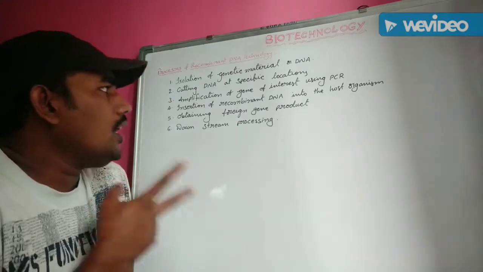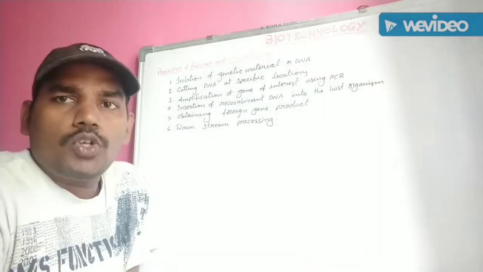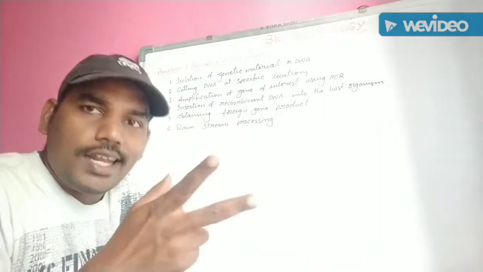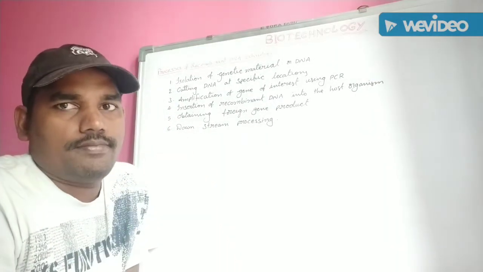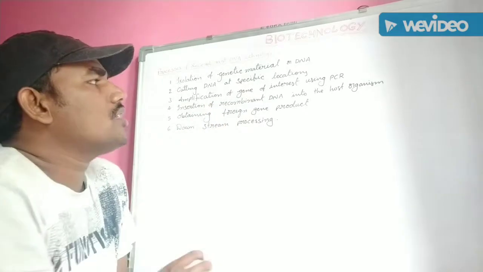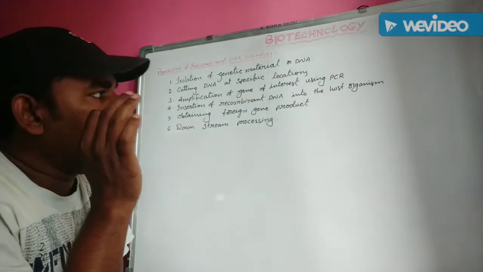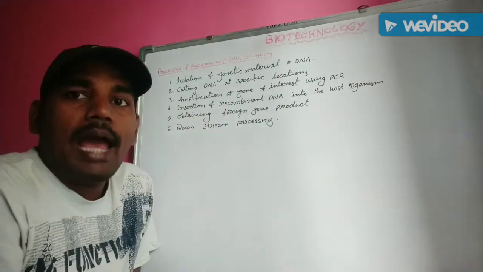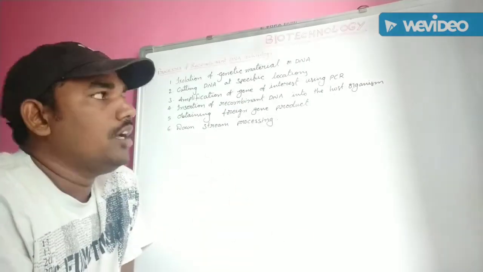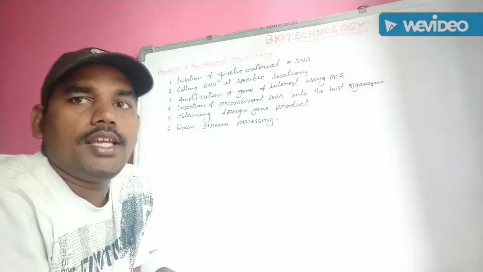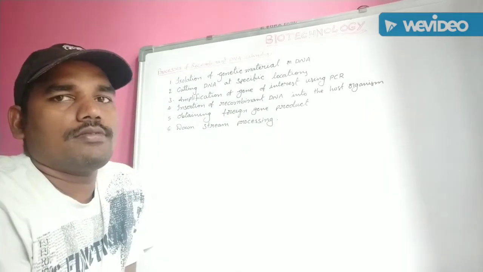Next one, cutting the DNA at a specific location. The wanted DNA is cut at a specific location. The next one, amplification of the gene of interest using PCR. This means multiplication of the wanted DNA with the help of the polymerase chain reaction process.